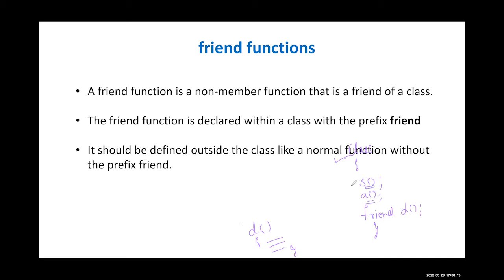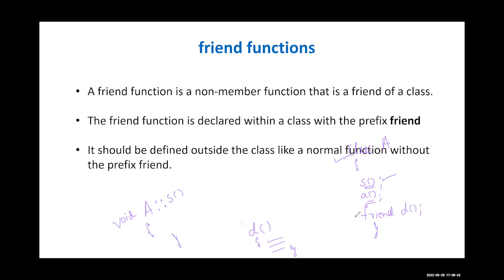I hope you remember that whenever a member function is declared here, suppose the class name is A, I define it outside with the return type, for example void, the class name, the scope resolution operator and then the function.